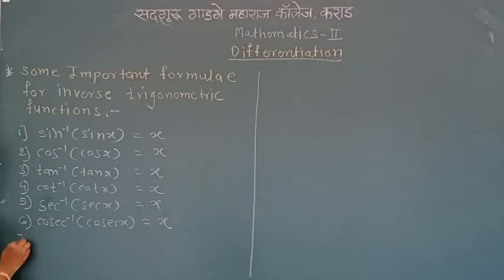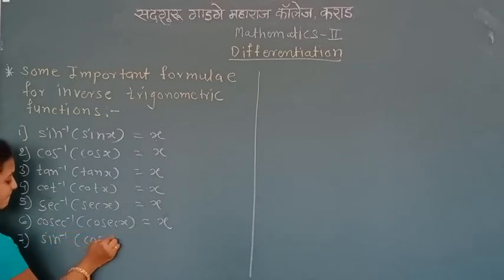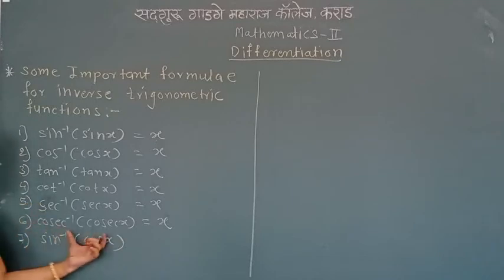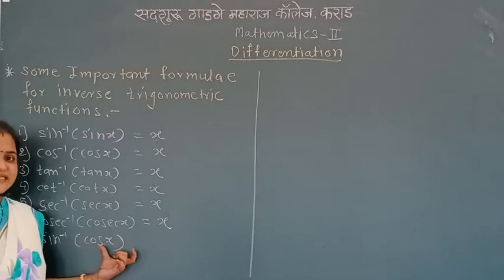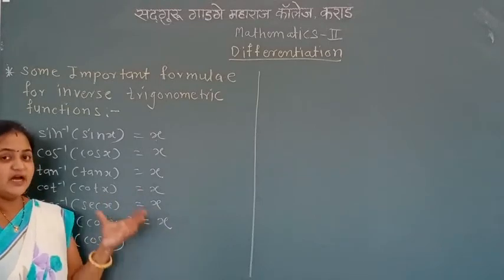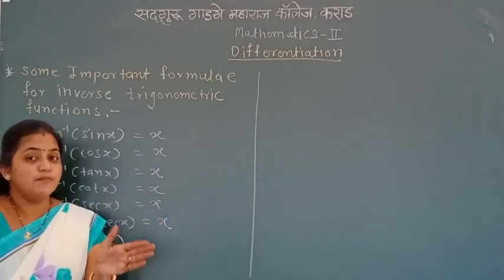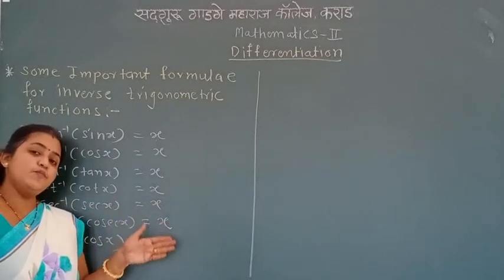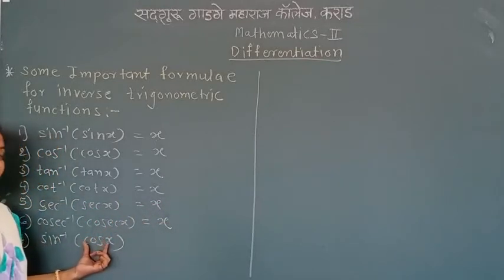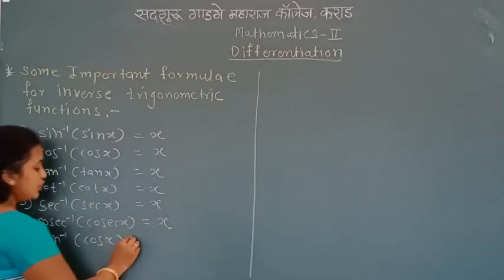But suppose sine inverse of cos x. That time, for this cos, we can use the allied angle formula. Allied angle means whenever your angle is pi by 2 minus x or pi by 2 plus x, we can convert this cos into a sine term. How to write?